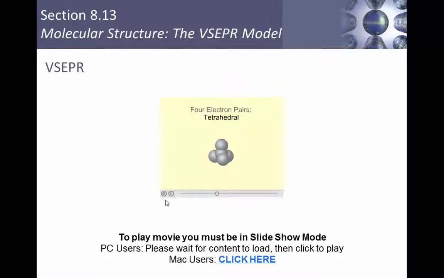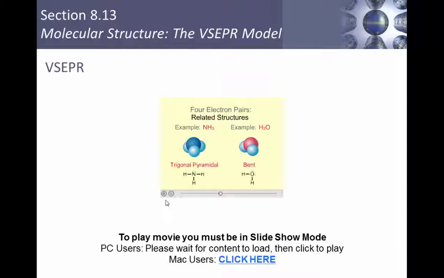The bond angles in a tetrahedral arrangement are 109.5 degrees. When one of the four electron pairs surrounding the central atom is a non-bonding pair, as in ammonia, the resulting structure is known as trigonal pyramidal. When two of the four electron pairs surrounding the central atom are non-bonding pairs, as in water, the resulting structure is known as bent.